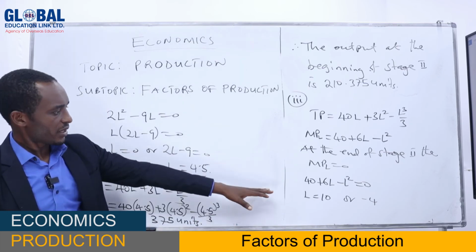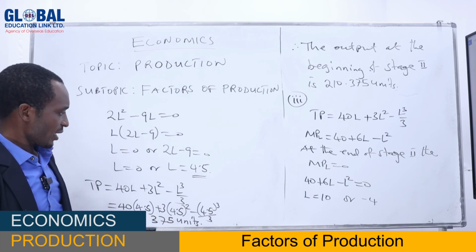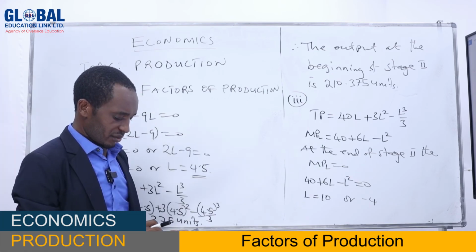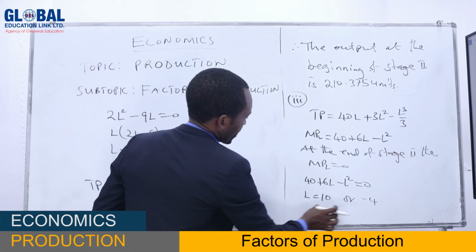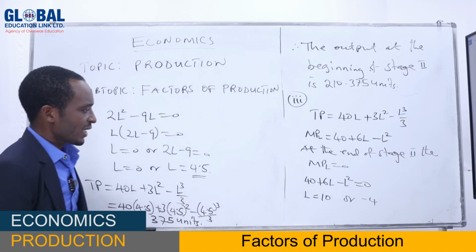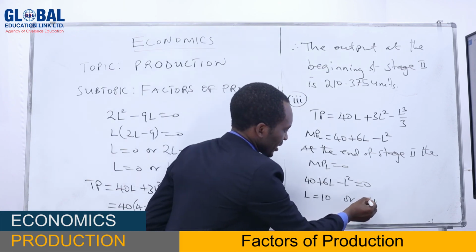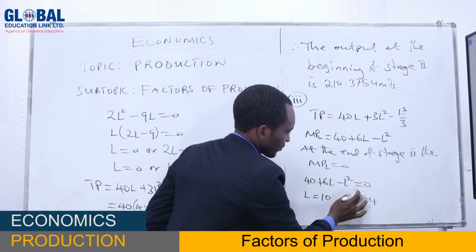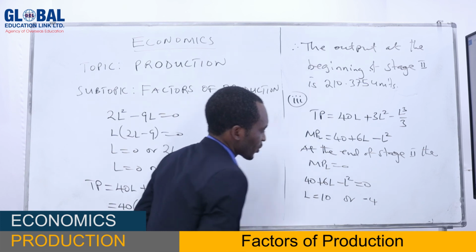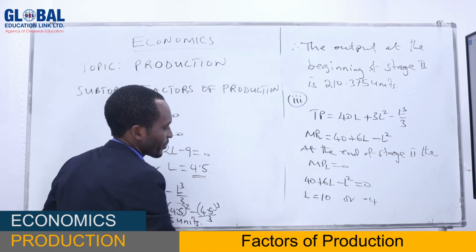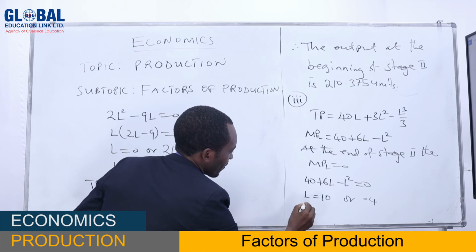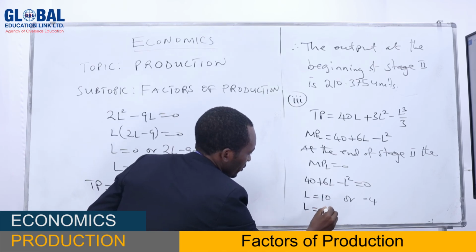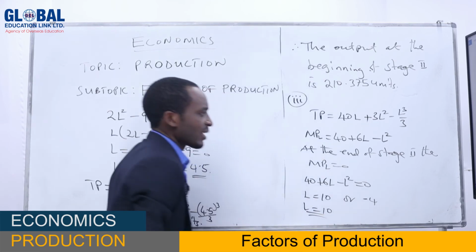So here the negative sign will not exist. So you take the positive. So L, the number of labor, will be equal to 10.